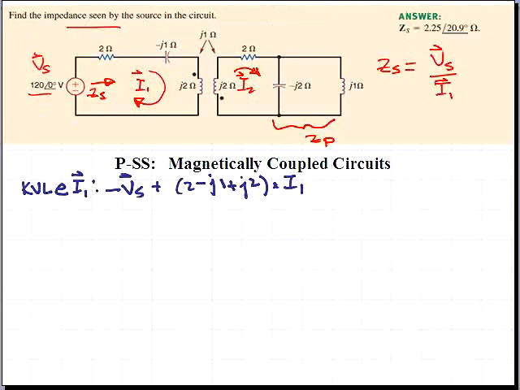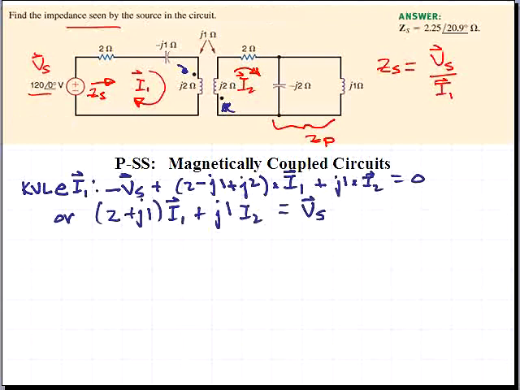And then we observe that the current I2 enters the dotted terminal of the second inductor, which is mutually coupled to the first inductor, the same as I1 entering the dotted terminal, so we'll have a positive mutual inductance term of j1 times I2, and that sums to 0. Or this equation is obtained when we rearrange terms.